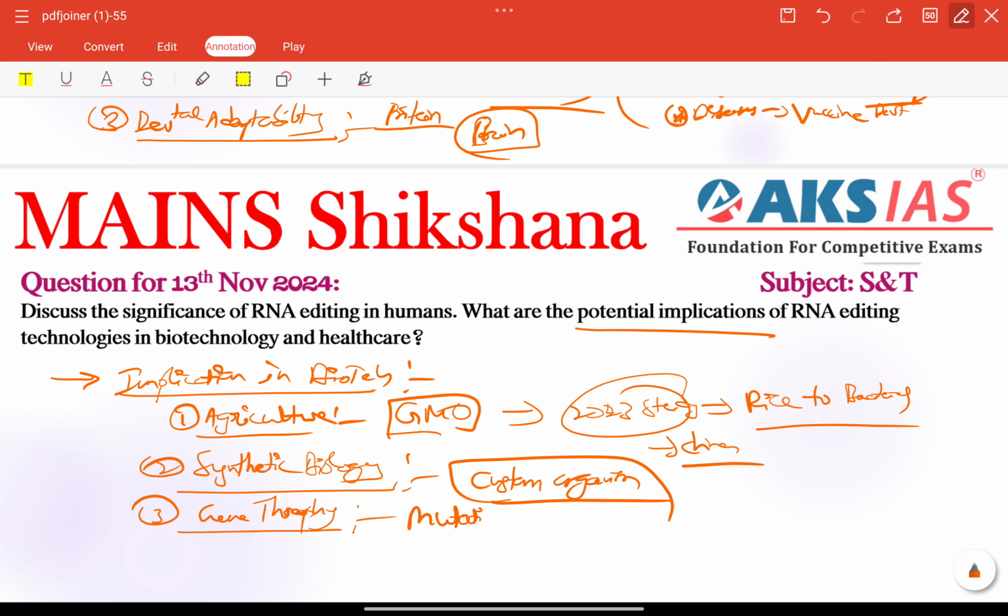Mutation correction is also a very important keyword. For example, 2022 studies used RNA editing to treat diseases like beta thalassemia, right? So beta thalassemia is also a very important example here.